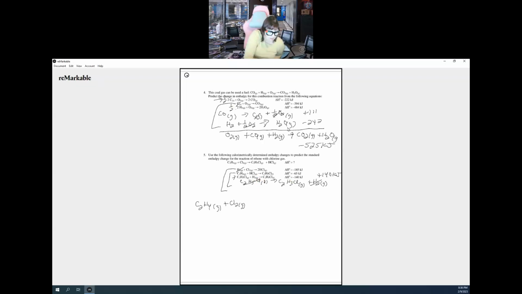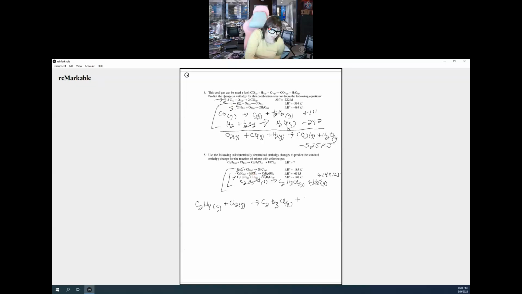So C2H5Cl there, C2H5Cl there. So that's then going to give me the C2H3Cl liquid plus, and there's one HCl left. So there are two here. There's one here.